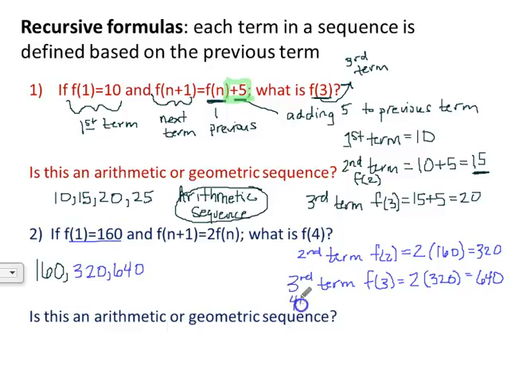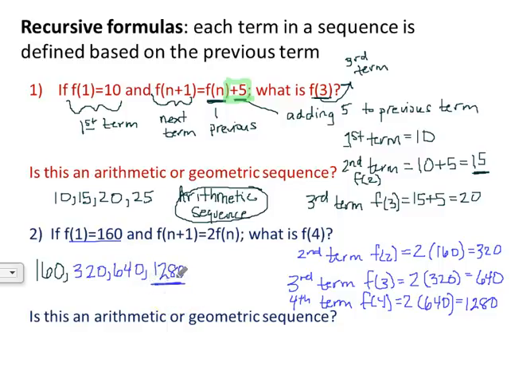Then to find my fourth term, which is what we were asked for, f of 4, we're going to take 2 times my previous term, which was 640. 640 times 2, we're getting bigger, is 1,280. So we're done. We found the fourth term.